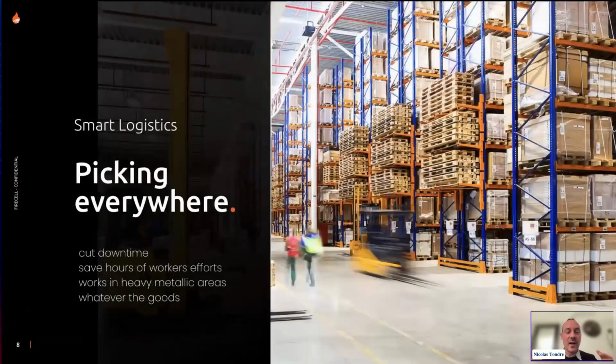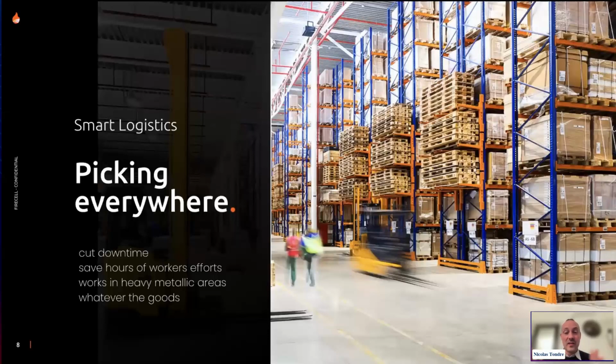We also have smart logistics. Picking consists in moving and grabbing items from stocks. 5G for industry 4.0 is very useful for this kind of use case, where robots can be connected to the network and instructed to get different items, whatever they are.